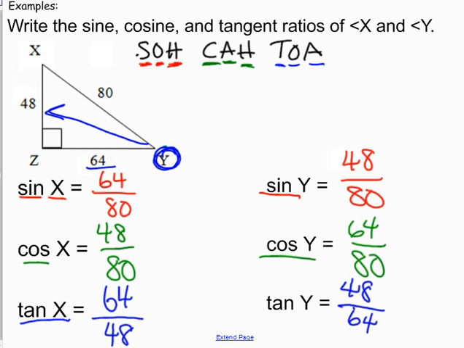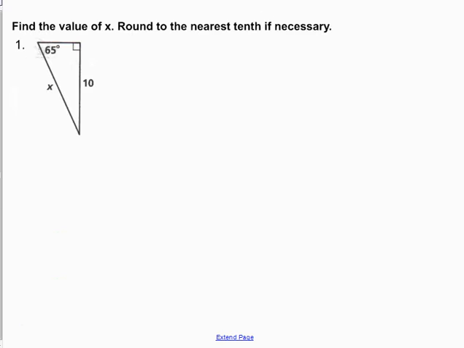Okay, so what does this all mean? Well, here we go. I can figure out the hypotenuse here by using a trig ratio. So I'm going to say, okay, I need my SOHCAHTOA. I always write SOHCAHTOA on my paper. I can use one of those ratios to figure out x.